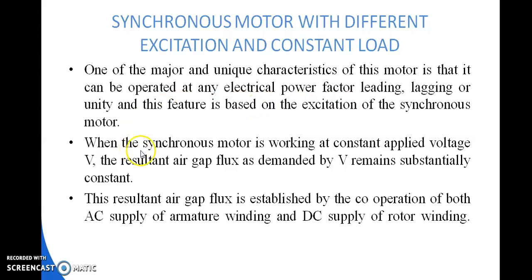When the synchronous motor is working at a constant applied voltage, let's say V volts, the resultant air gap flux as demanded by V remains substantially constant. This resultant air gap flux is established by the cooperation of both the AC supply of the armature winding and the DC supply of the rotor winding. Both supplies are responsible for the resultant air gap flux.